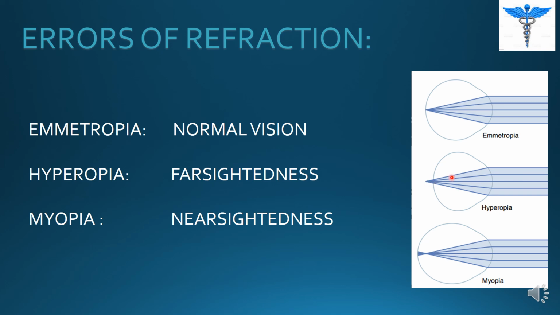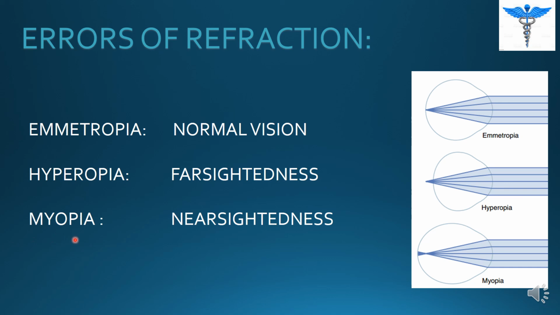Or it may be due to refractive power, meaning he has less refractive power or bending ability. In that case also the focal point will come behind the retina, and that disorder we call hyperopia, right? And in this hyperopia, the person is able to see far objects and he is unable to see nearer objects because of the focal point coming behind the retina.